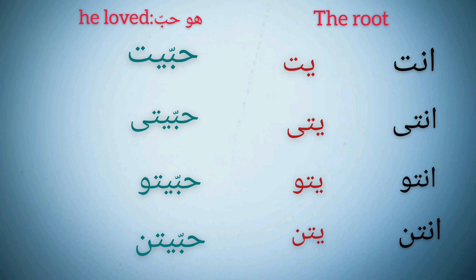It refers to a male and it's singular. But in previous lessons we said, for example, انت جبت. We just added it to that. Okay? انتي حبيتي. You loved. It refers to a female.